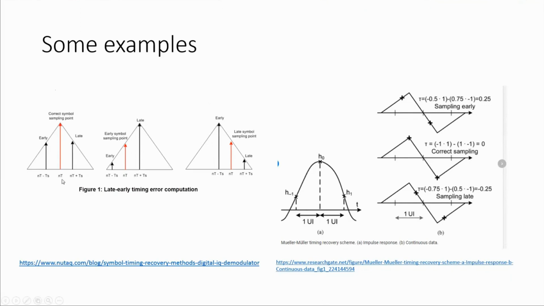So if you sample at the right point, you'll have an early sample, a desired sample, and a late sample, and their amplitudes will be equal. But if you're early, what happens is the late is bigger than this sample. Or if you're late, the late is smaller than that sample. So by using the amplitude of these three samples on the output of your integrated pulse, you can figure out what the right one is.